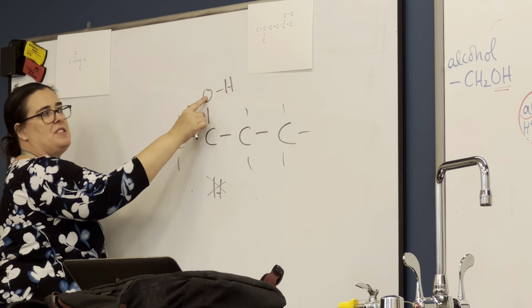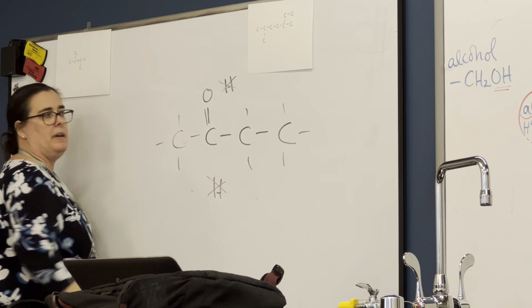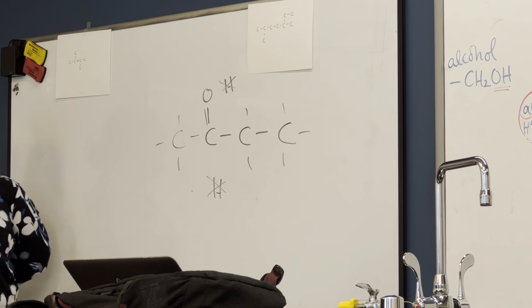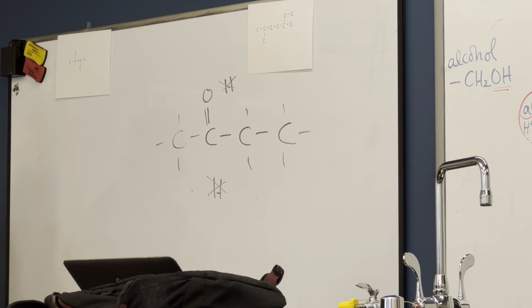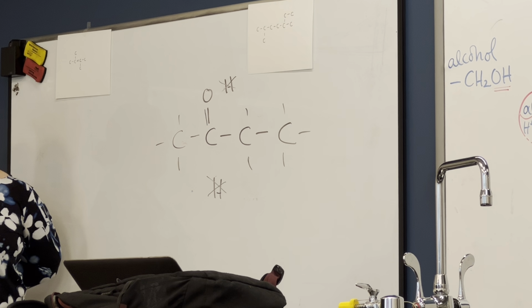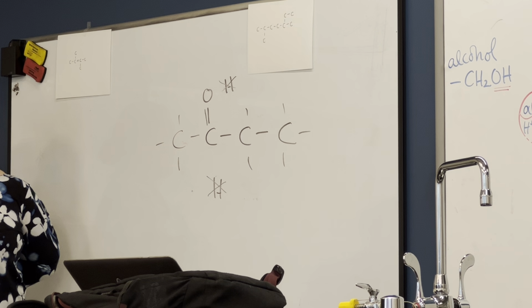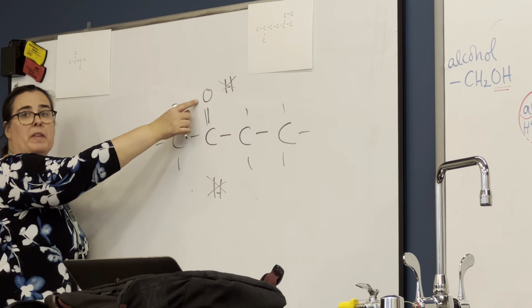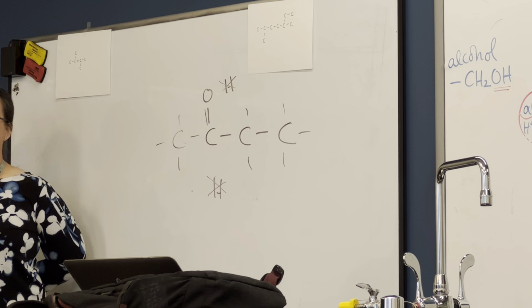We remove the hydrogen that's directly bonded to the oxygen, bye-bye, and we build in a double bond. What kind of molecule is that? What is the class? That is a ketone. Secondary alcohols become ketones. Primary alcohols, because they have the O on the end, have to turn into terminal aldehydes and carboxylic acids. Secondary alcohols, because they have the O in the middle, have to turn into interior carbonyls, which we call ketones.